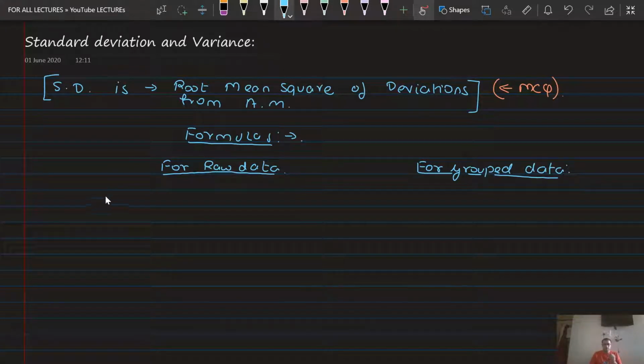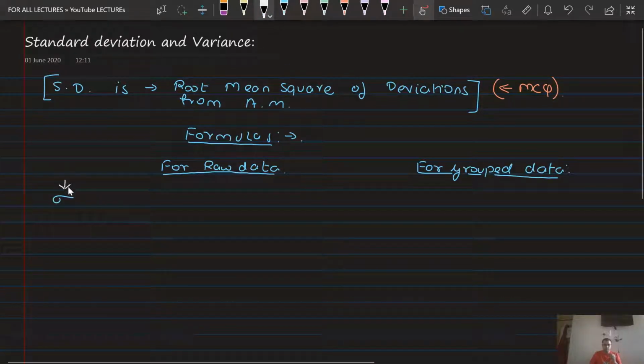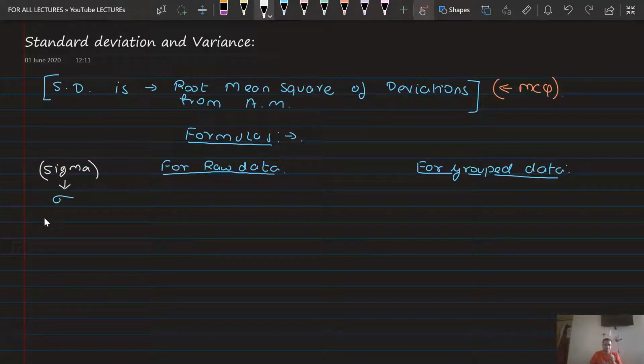The notation for standard deviation is sigma. This notation is called sigma notation, and the formula is like this: under root of summation of x minus x bar the whole square upon n.